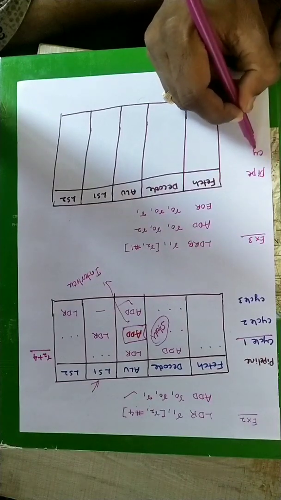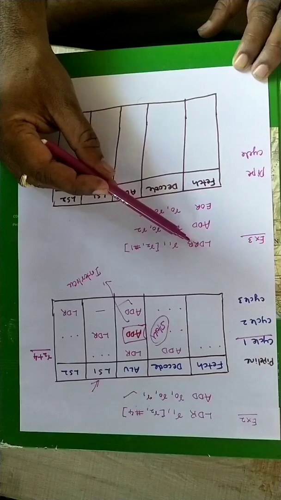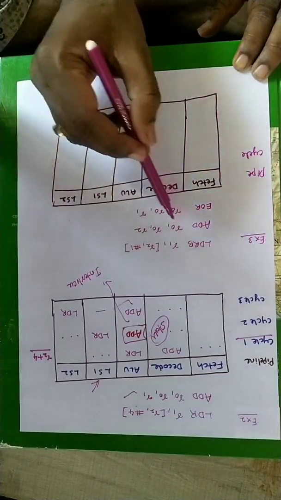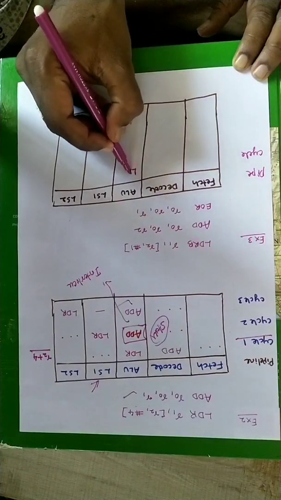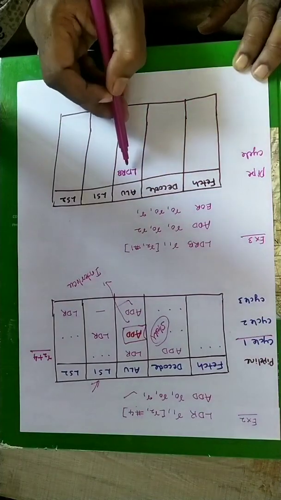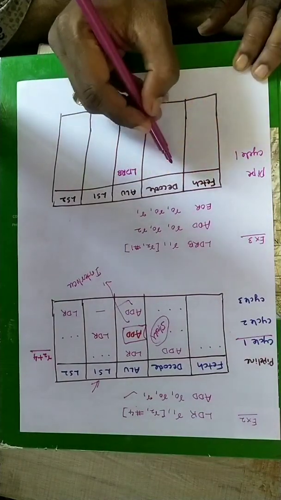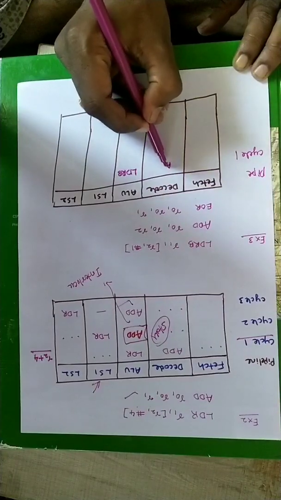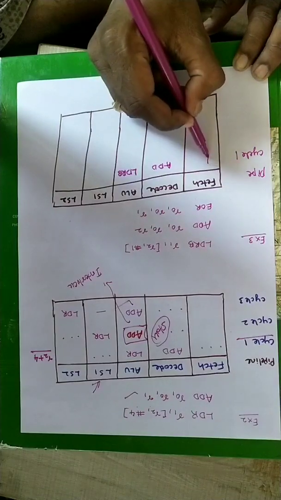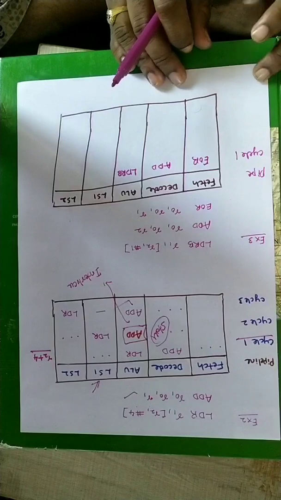And here in the first cycle, what happens? In the first cycle, LDRB will be fetched, decoded, and go to the ALU. Once LDRB is under the execution operation, in the same cycle, in parallel, a decode operation takes place for the add instruction, and the fetch operation takes place for the EOR.